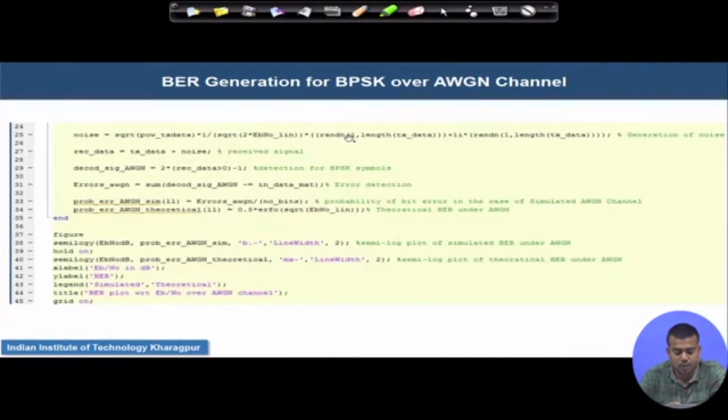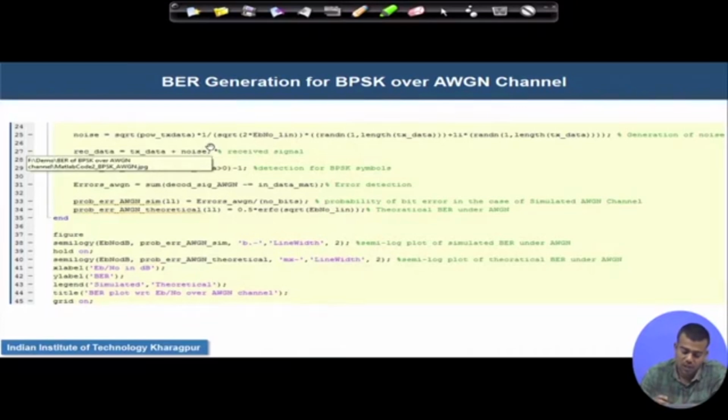Here you have to pass the length of the transmitted data as the argument, so that the length of the generated noise and your transmitted bits will be the same. That means the bandwidth of the transmitted data and the bandwidth of the noise will be the same. Here I am generating the complex noise, then scaling it with the power of the transmitted data and Eb/N0 in linear scale. That will give me the noise.